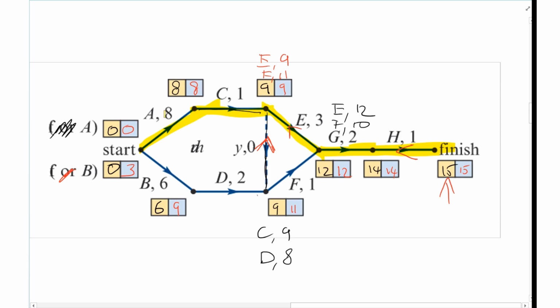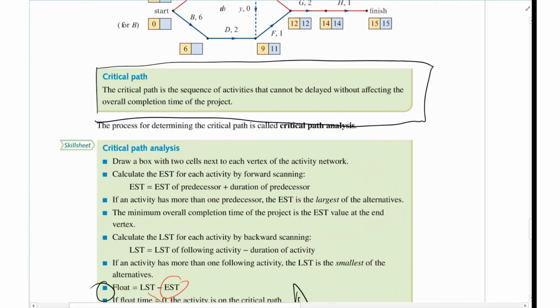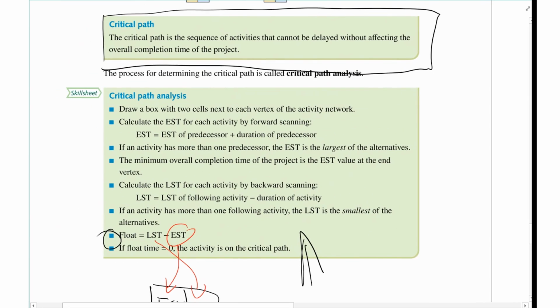So you'd say your critical path of this network activity would be ACEGH. Okay, so that's the process you need to follow to do a critical path analysis, and that's what we've just done for earliest and latest start time. Okay, so that's our critical path analysis.